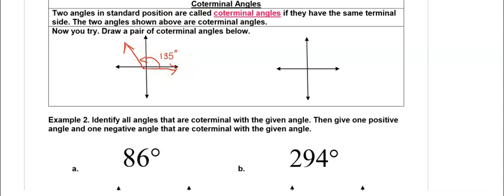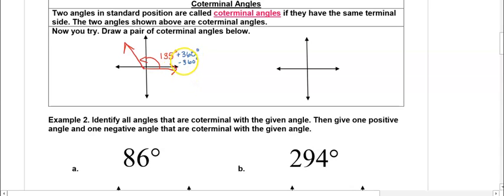Coterminal just means that it could have another degree measure, but it ends in the exact same space. Since we're talking about 360 degrees around the circle, to get a coterminal angle you just add 360 degrees. You could also subtract 360 degrees. That's what you're doing to find your coterminal angles, one or the other.